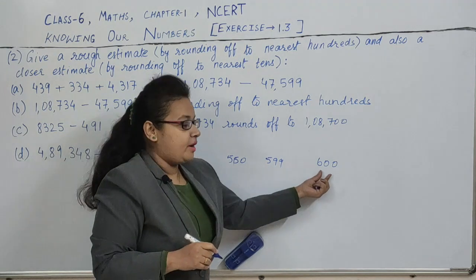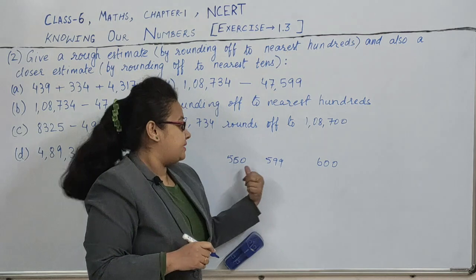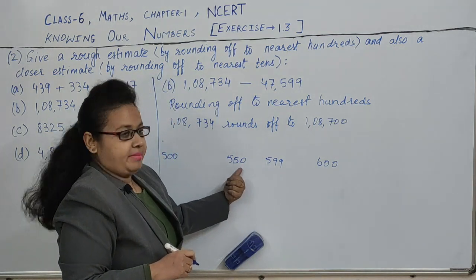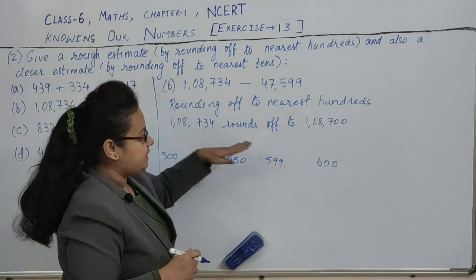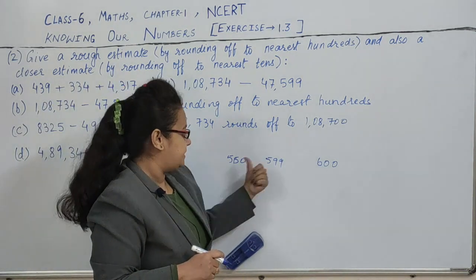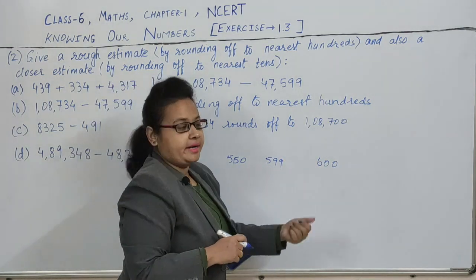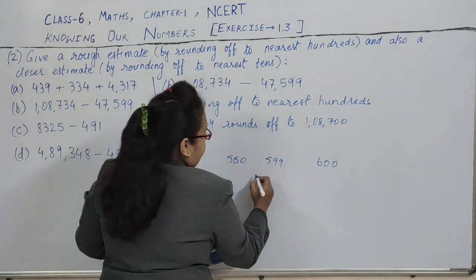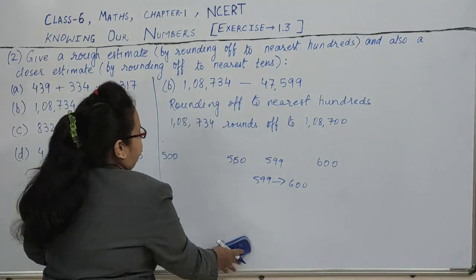So it will be rounded off to 600 because it is closer to 600 and it is greater than the middle number, because it lies between 500 and 600. So 599 will be rounded off to 600.